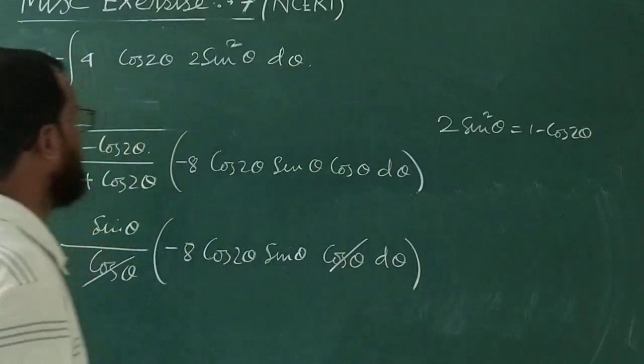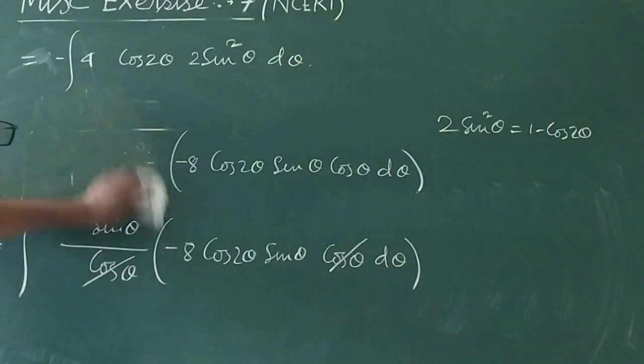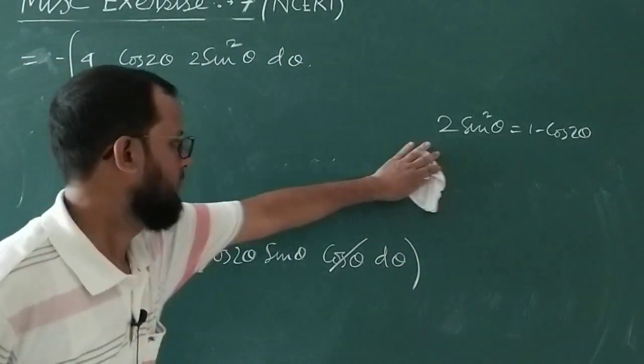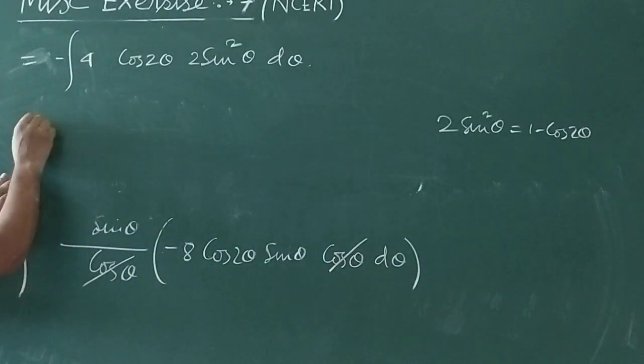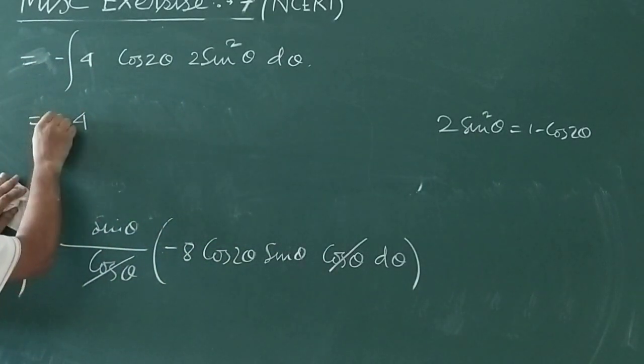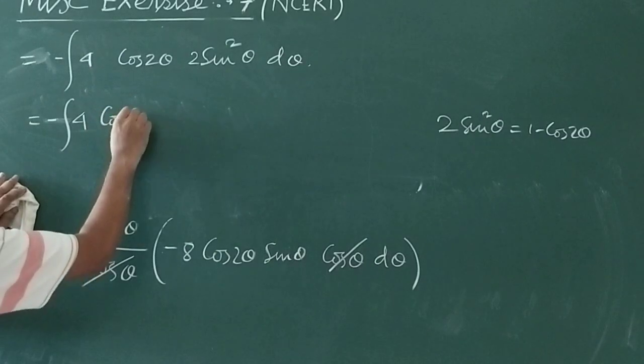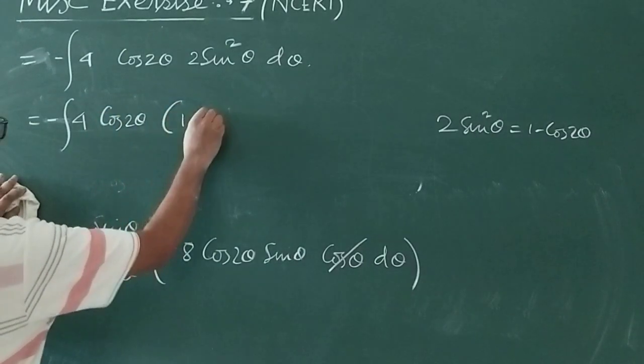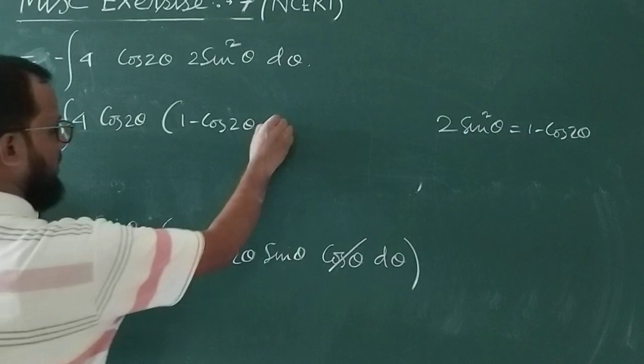You can apply it, it will be minus integration 4 cos 2 theta into 1 minus cos 2 theta d theta.